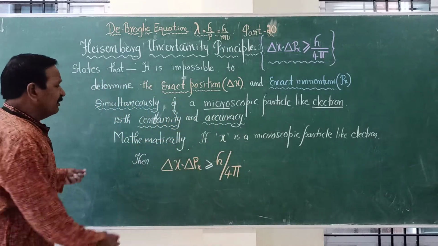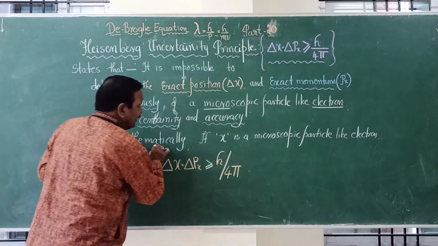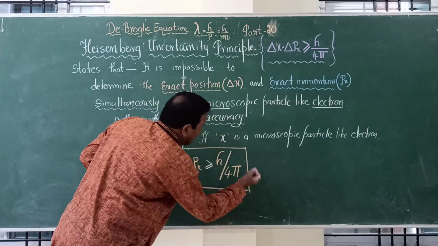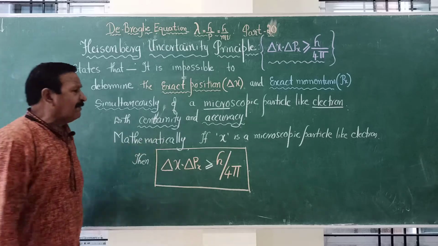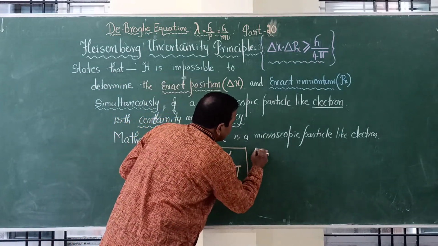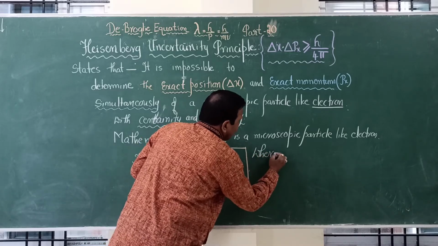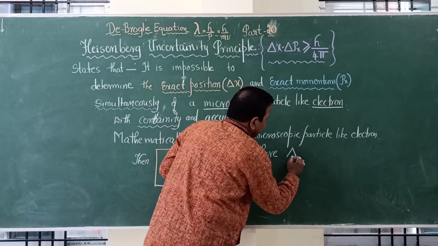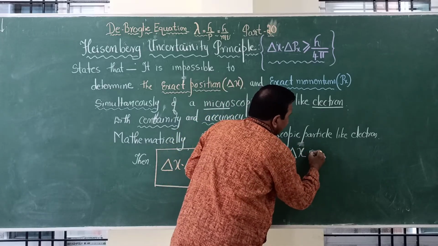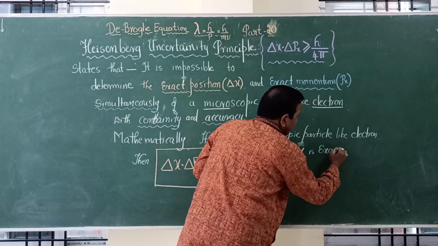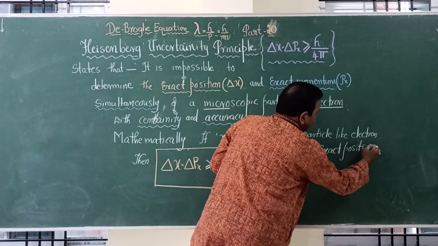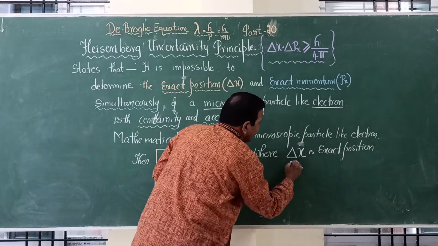Okay? This was the mathematical representation given for the uncertainty principle. As usual, delta x is the exact position of the particle.